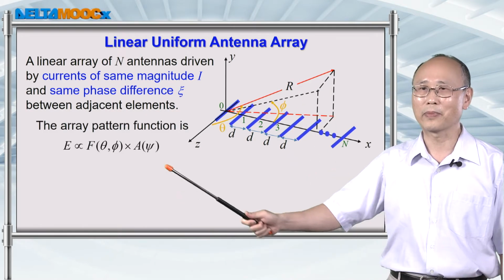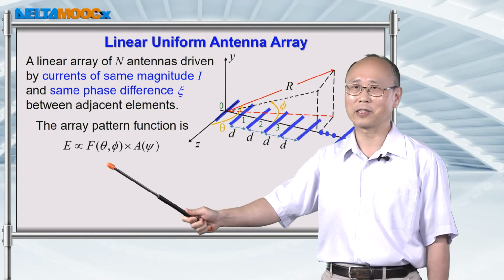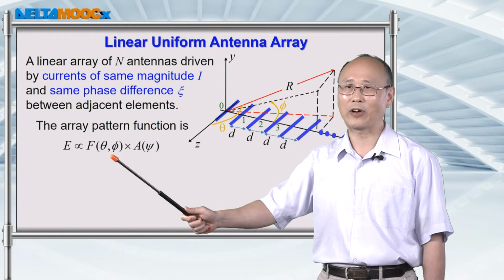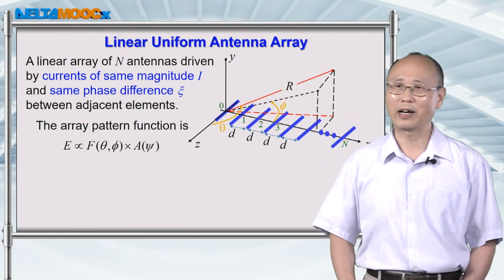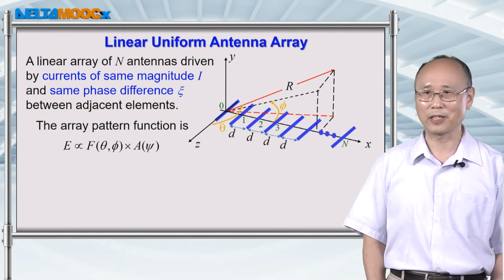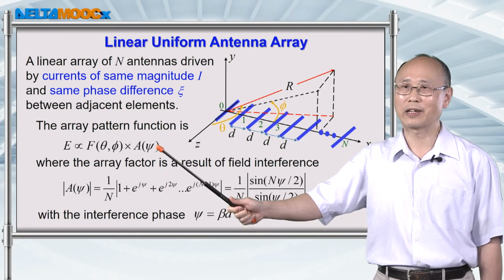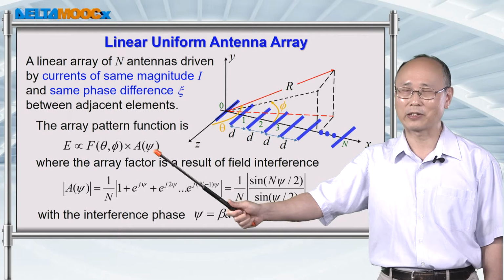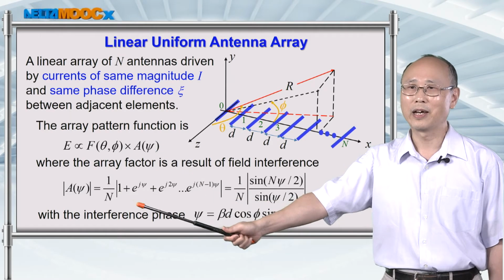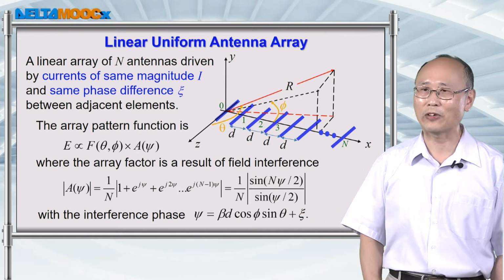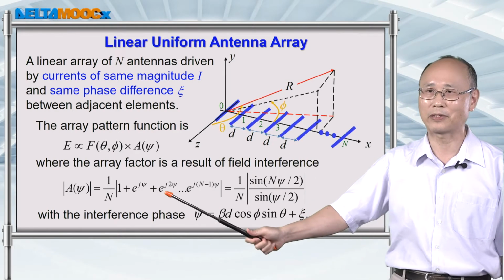to see that the antenna pattern is going to be the multiplication of the individual pattern function and the array factor A of psi. So let's spell out this array factor A of psi, which is the coherent sum of all the fields from individual antennas.